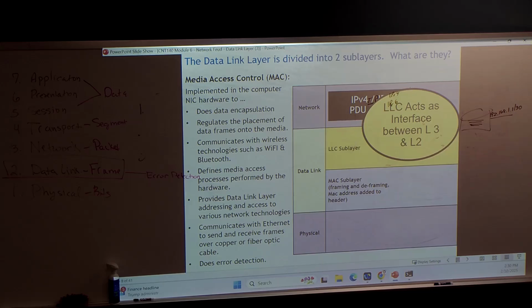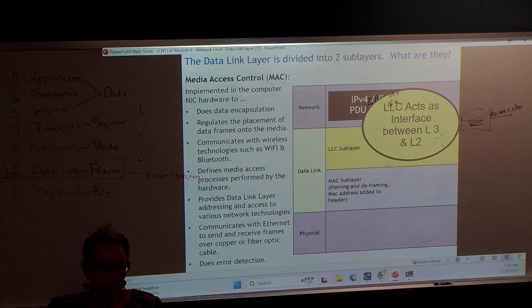Is that due to it not having access to actually change the bits and things, or the data inside of it? Exactly. It can't change the data inside of it. It only knows a number. Remember, it doesn't know what's inside of it. It can only count the number of bytes. It's like, well, I've got 1,476 bytes.